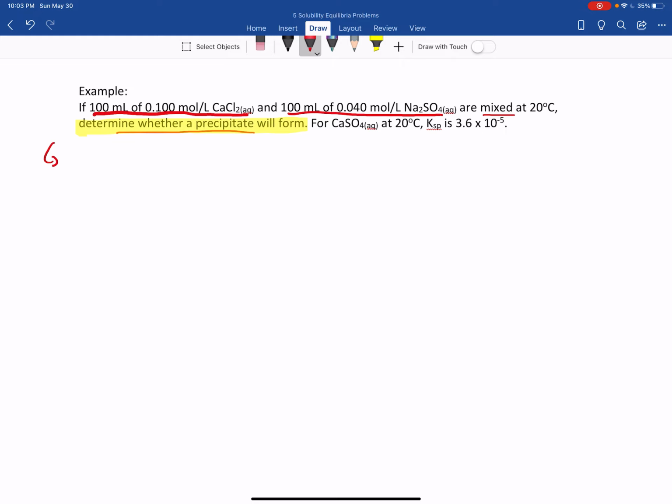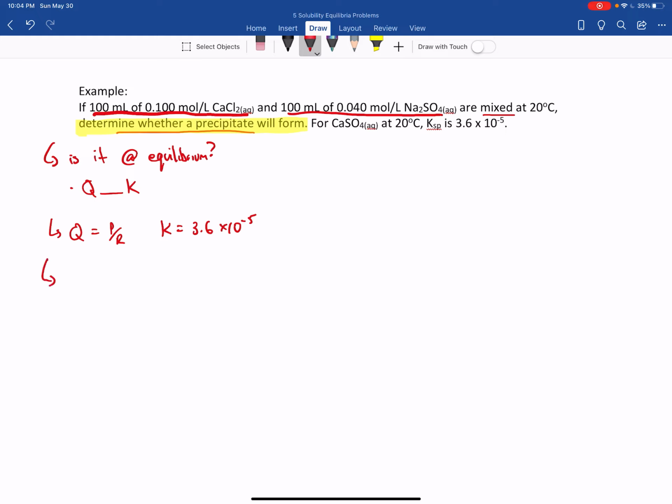What we're being asked is whether it is at equilibrium. That's essentially what that means. To determine if something's at equilibrium, we need to compare Q and K. Q is equal to the products over the reactants, and K is given to us in the question as 3.6 times 10 to the negative 5.